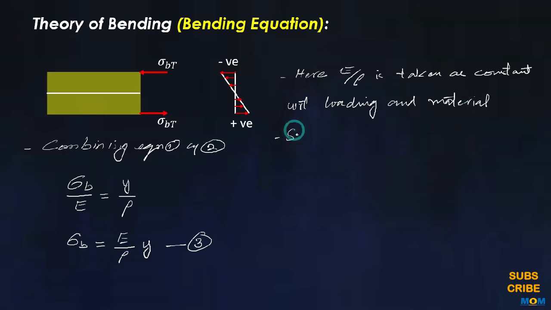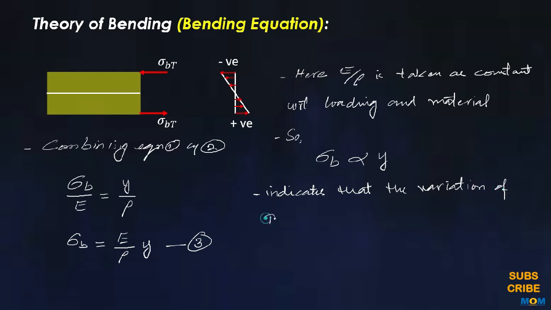So it means sigma b, the bending stress, is directly proportional to the y, which indicates that the variation of the bending stress sigma b is linear from the neutral plane to the outwards.